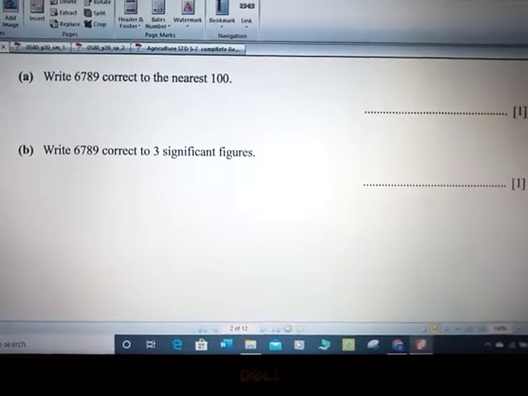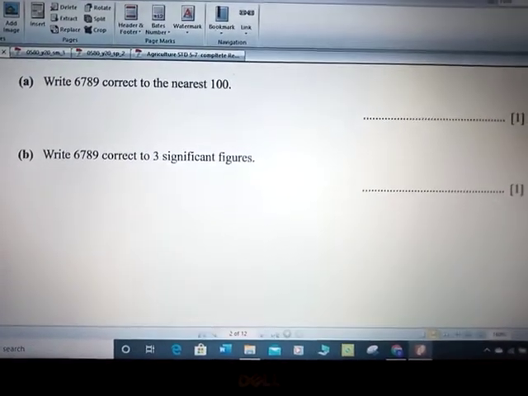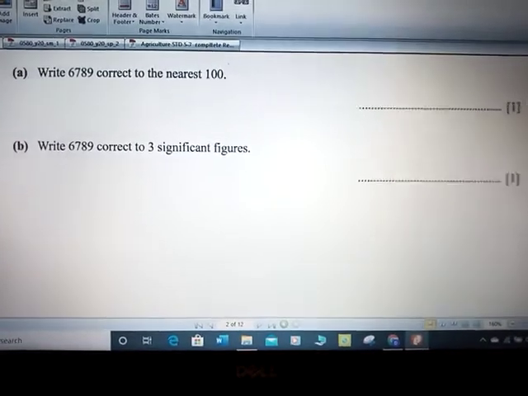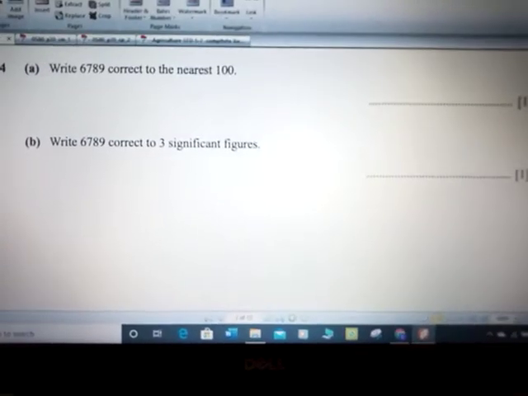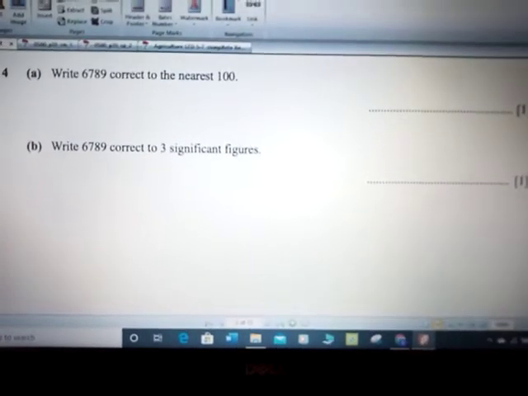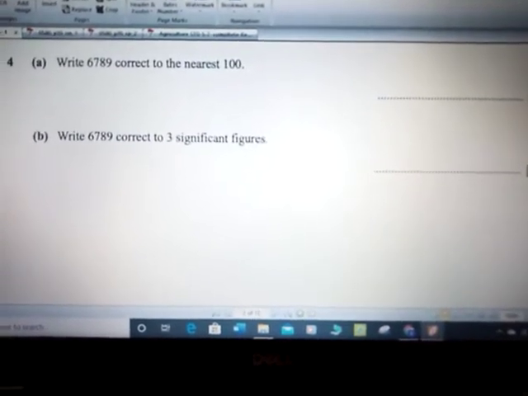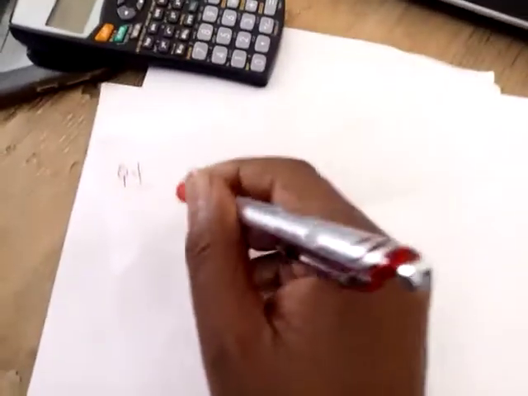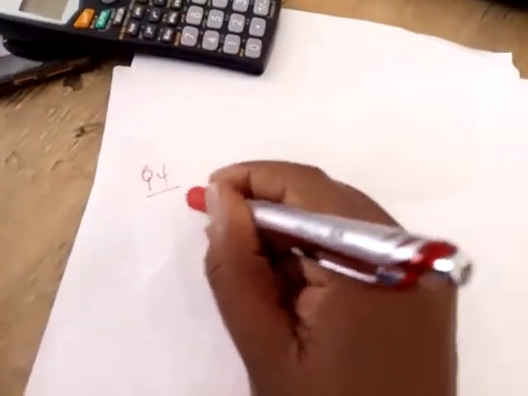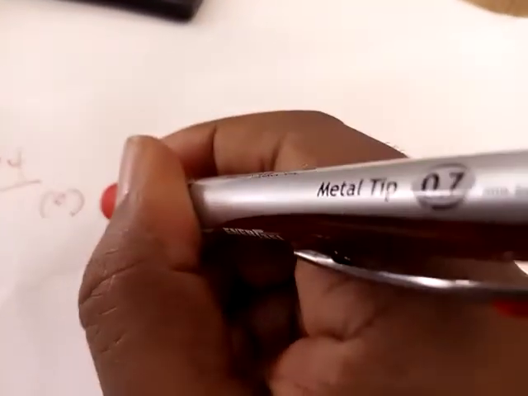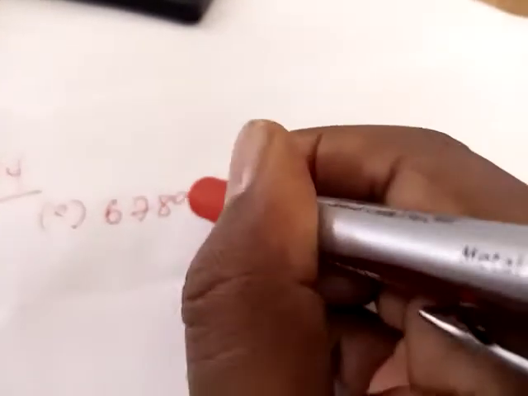But we're going to go into details and understand how to work with numbers. This is for the sake of those who are revising or doing it for the first time, or missed the concept in class. All right, let's get down to work. So we are looking at nearest 10, nearest 100. So for A, we are looking at this number, 6789.